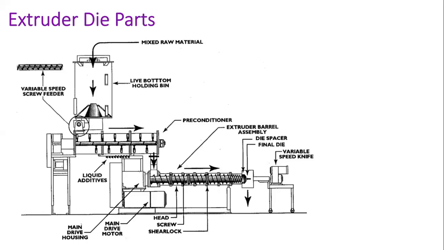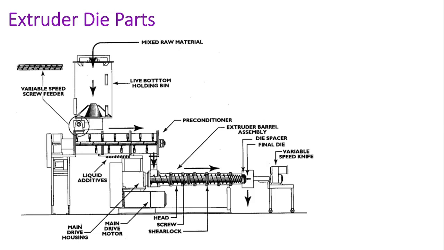Under this definition, we discussed that extrusion is a novel food processing technology. It is not actually a novel one, but for Sri Lanka, it is somewhat novel. We force food material under pressure and get a food product or finished product through a die. So the die is very important.